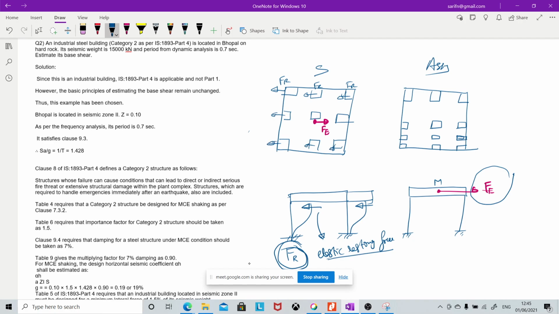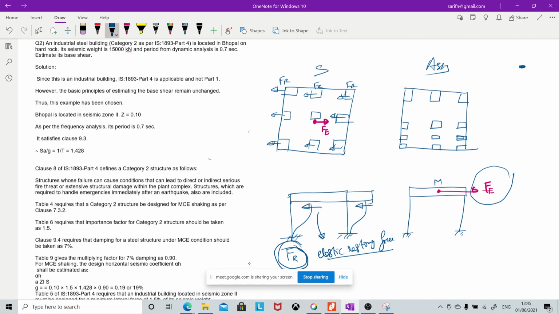Now if the arrangement of the mass is symmetric, then the center of mass is going to be at the center.